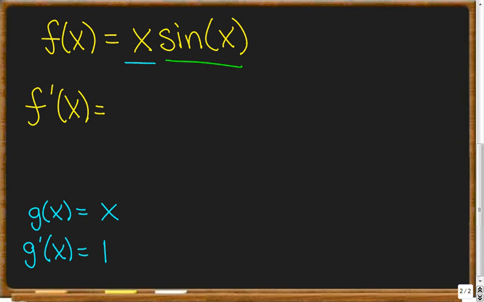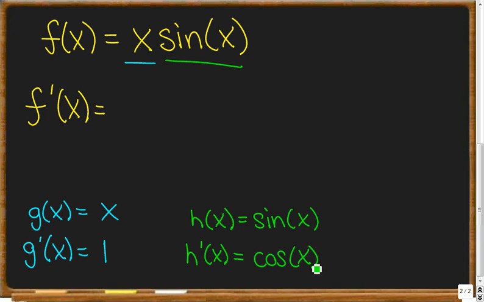Then I also have to find my other function, which we will call h of x. Well, h of x we've identified as the sine of x, and the derivative of the sine of x is cosine of x. So at this point, the calculus part is pretty much done. Now we just have to use our formula, plug it all in, and simplify.